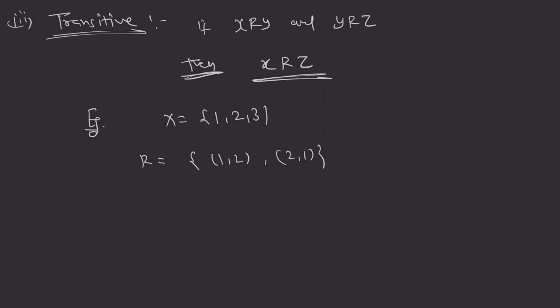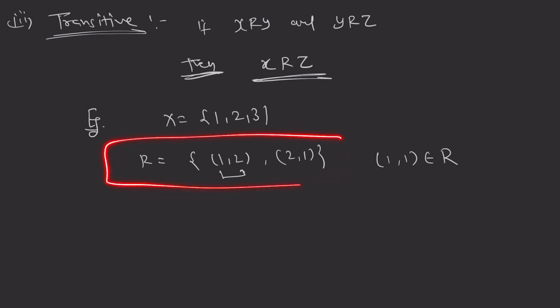Here you can see that 1 is related to 2, so x is 1 and y is 2. And y is related to z, so 2 is related to 1. So x should be related to z, where x is 1 and z is 1 also, so (1,1) will belong to R if it is transitive.